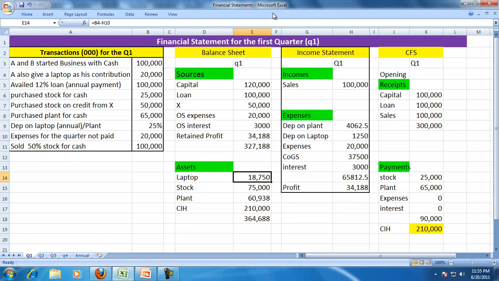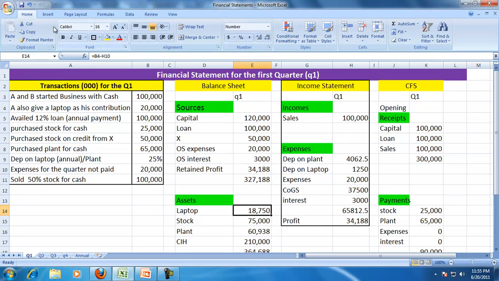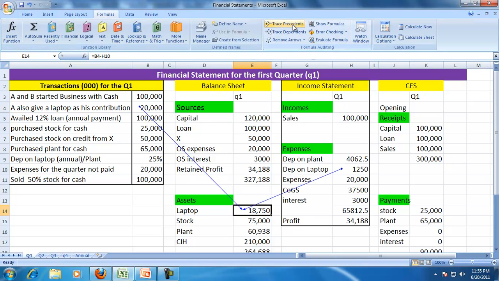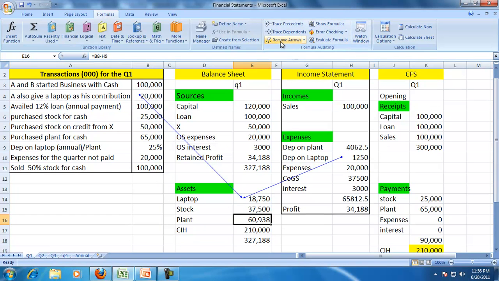Maybe let us do that once again. Interest has come down, laptop has depreciated, and the stock has to come down because I've reduced the stock to the extent of 37,000.